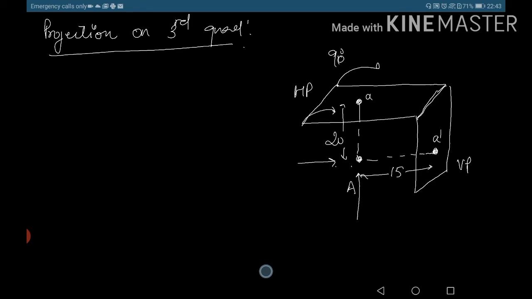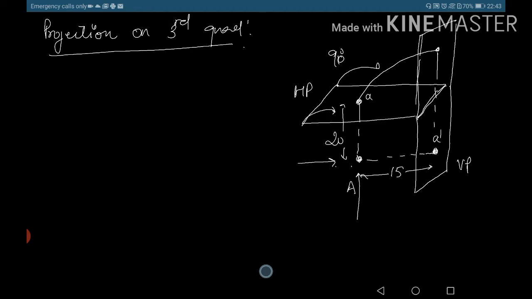So your plane will be over here after rotation. One projection, which was on the vertical plane, will remain at its position. Another projection will come over here in the same line.